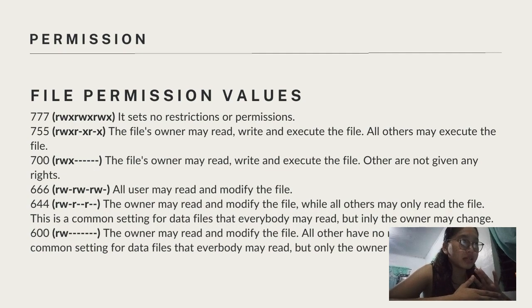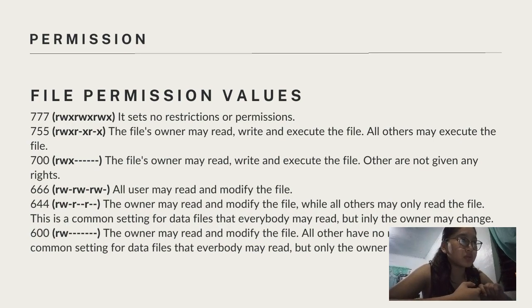Number 5 indicates read and execute permission. 6 indicates read and write permission. And finally 7 indicates read, write, and execute permission.